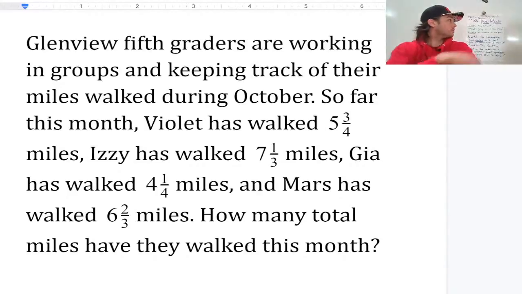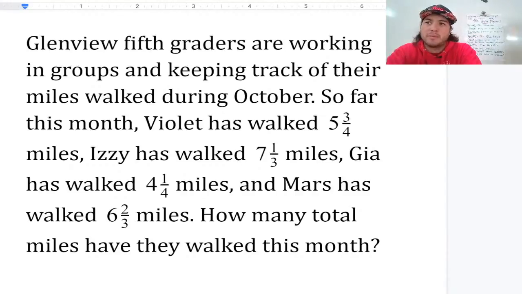First, what's going on in the story? Before we even worry about the quantities, before we even worry about how many miles they walked, we have to understand and visualize: they've all walked some miles, and they're keeping track of how many miles they walked.